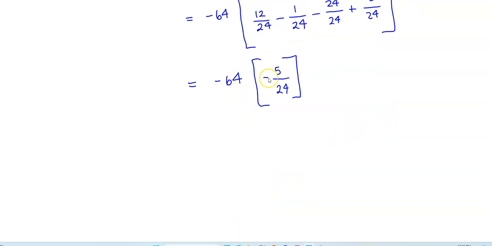We know that a negative times a negative is going to give us a positive. And we know that 8 goes into 24 3 times. We know 8 goes into 64 8 times. So we're going to get 40 over 3 as our result.